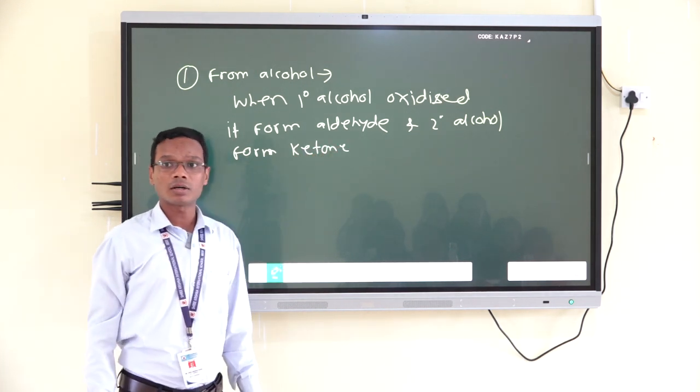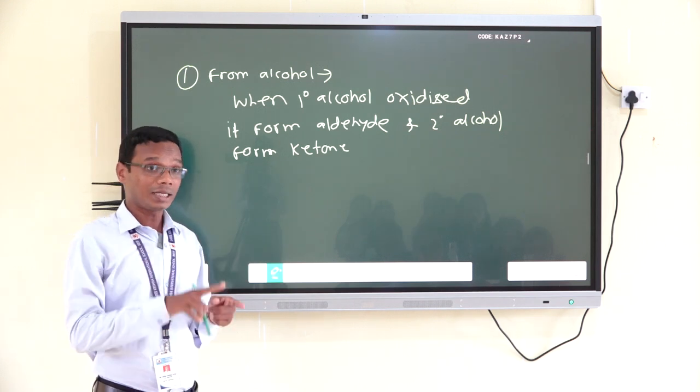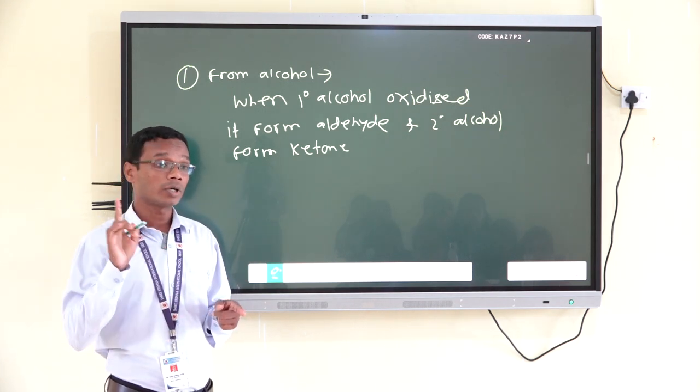So primary alcohol oxidizes to form aldehyde, and secondary alcohol oxidizes to form ketone.